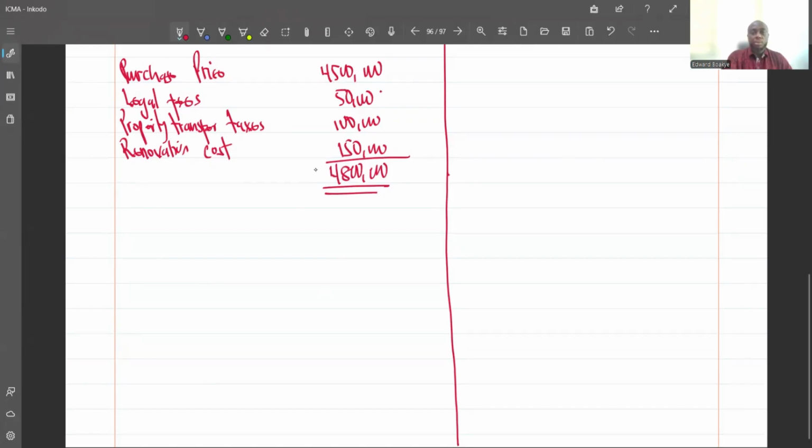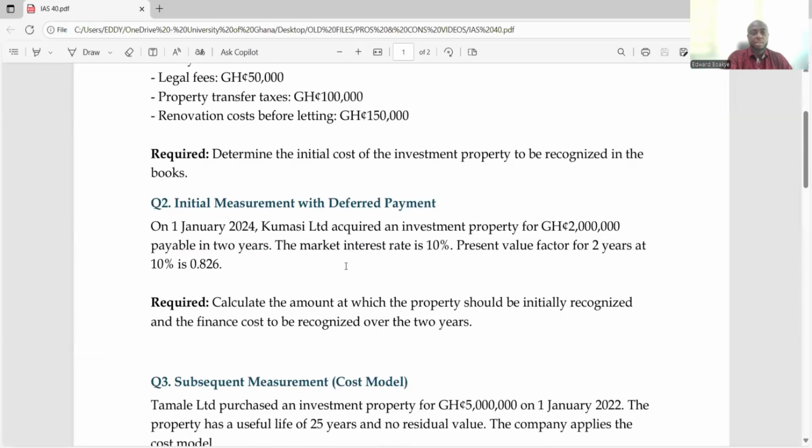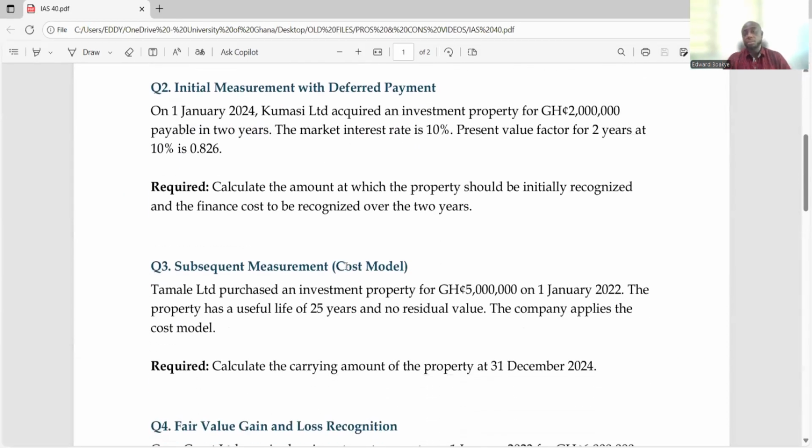So let's look at another scenario on the initial measurement. This one we are talking about initial measurement with deferred payment. We are not going to pay right now. We pay in future.